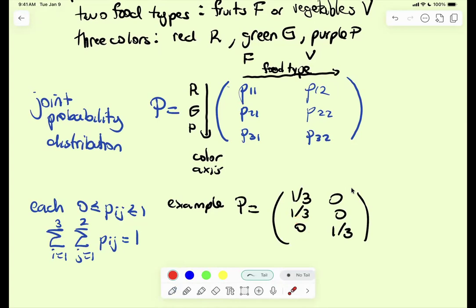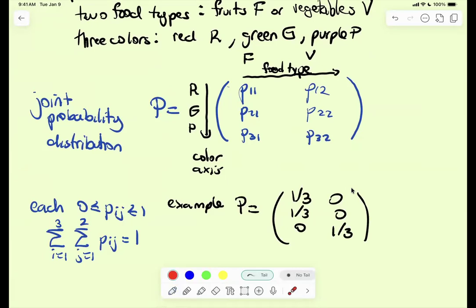Now, let's see. I'm trying to find my matrix. Oh, there it went. Okay.